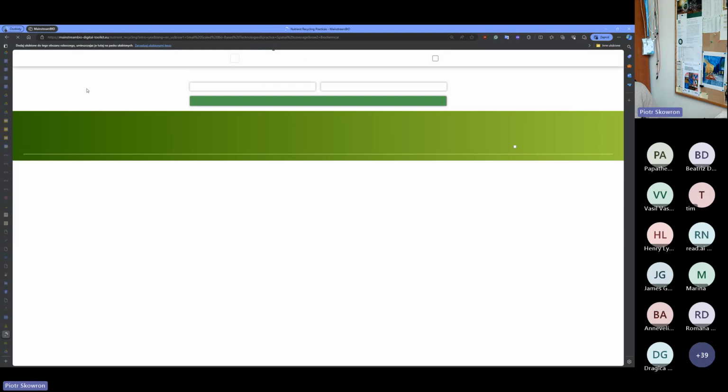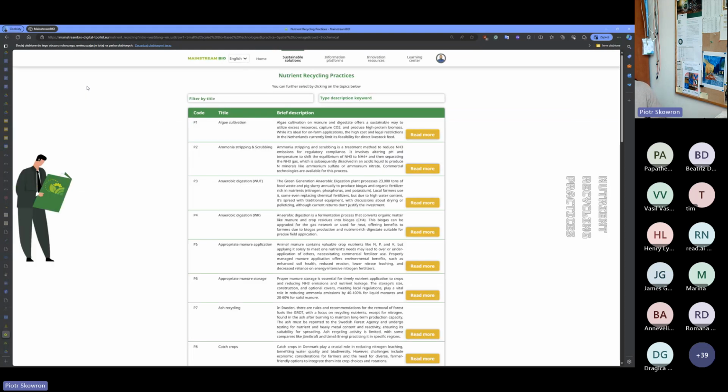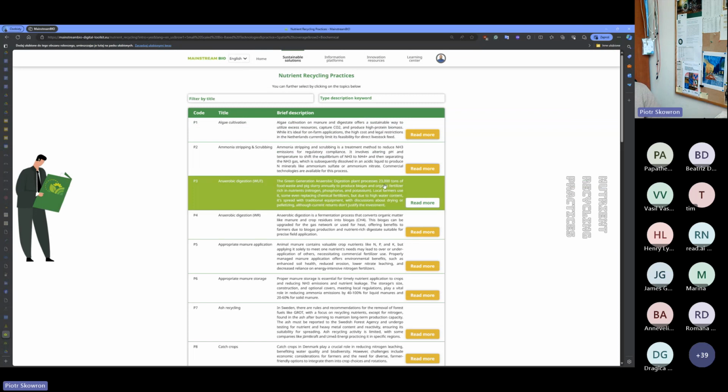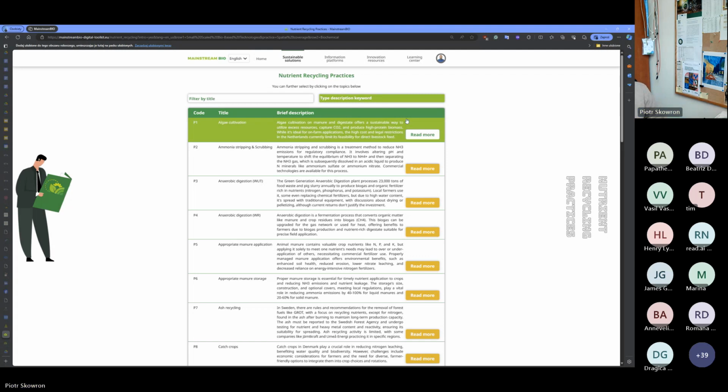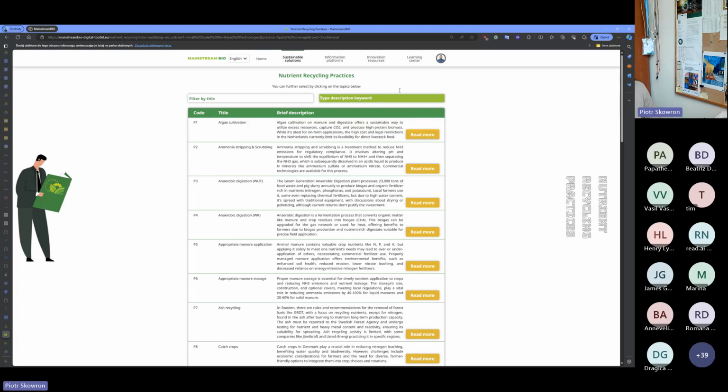Here we see a long list of nutrient recycling practices. We can filter it to fit what we need and what we look for.